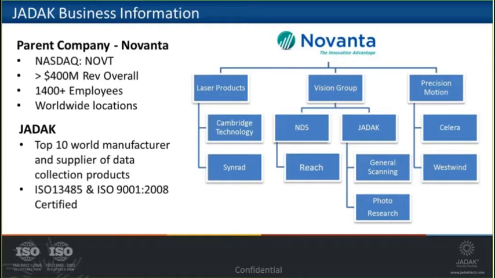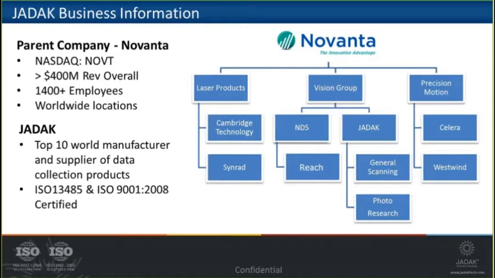As you can see to the right here, the company is split into 3 core technology segments. In the left column, you've got our laser products, or our photonics division. This division offers cutting-edge solutions for high-performance, high-precision laser-based surgical and analytical tools for fine material processing applications. Over on the far right, our precision motion group offers solutions such as optical encoders and direct drive motors for complex motion control applications.